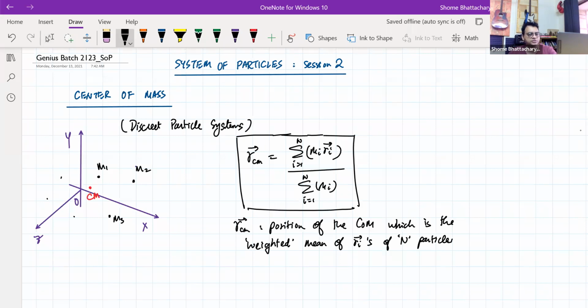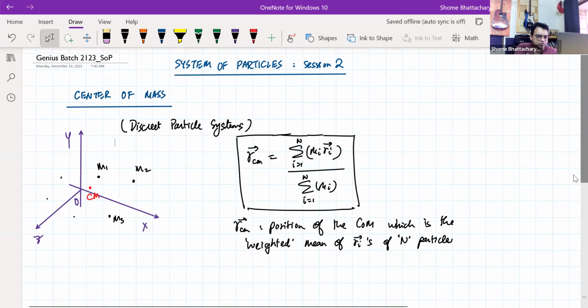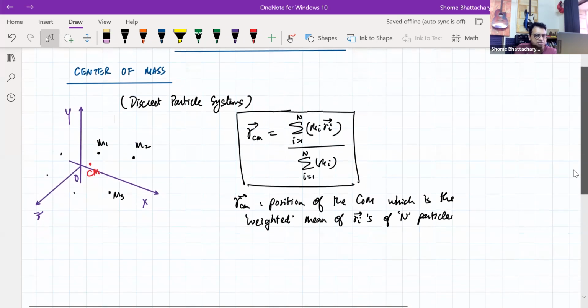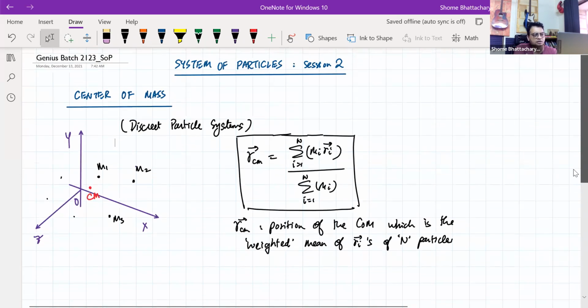The summation is replaced with integration. But before that, let us look at some more applications of the discrete particle system center of mass definition, and how we can make use of the superposition principle like we had done last time for an example problem. And also we will discuss the motion of center of mass, because that is the most important thing in terms of application.